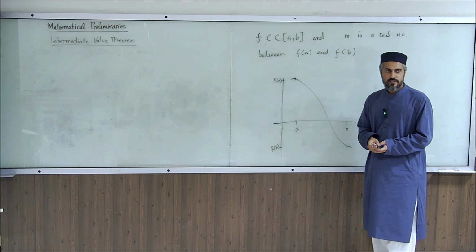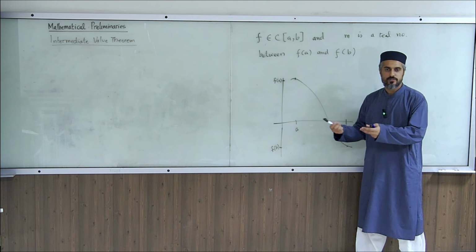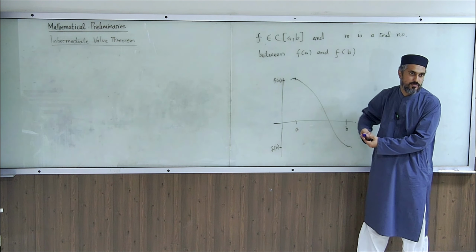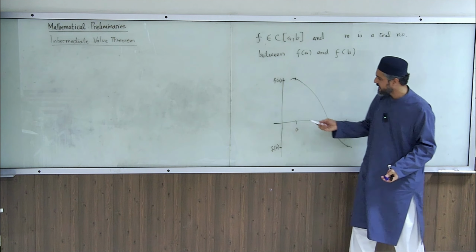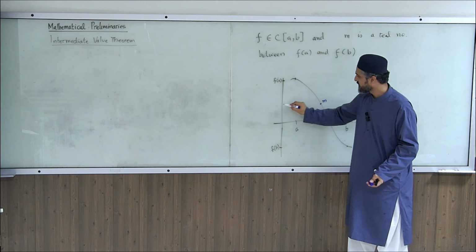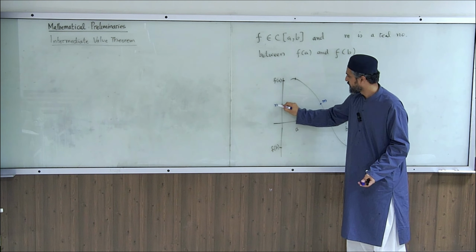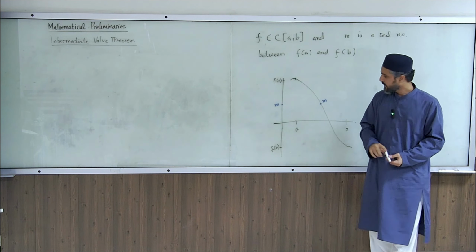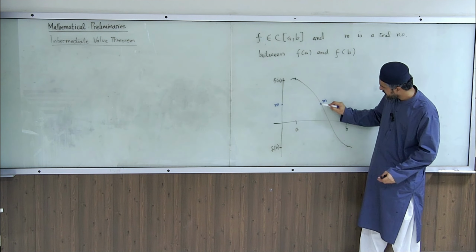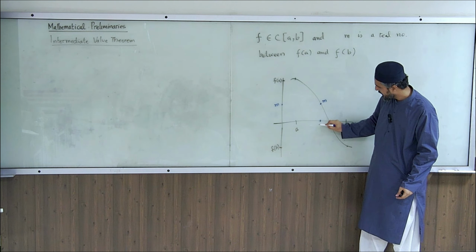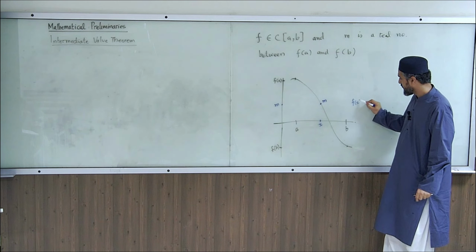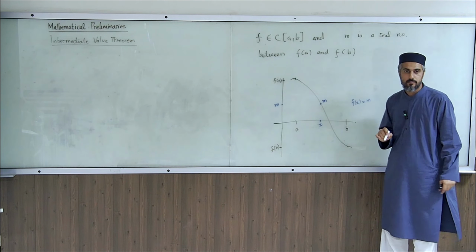This theorem says, let m be, so this is a hypothesis, let m be any number between the heights f of a and f of b. So for example, m is a number at this height. It says that corresponding to this height, there is a value x such that f of x is the same as m.